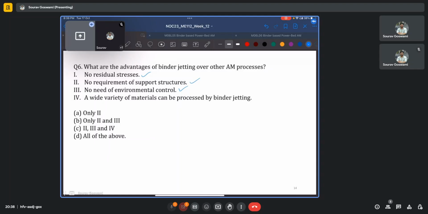And as we have definitely come across in the slides, a very large variety of materials, and typically all the engineering materials, such as polymers, metals, ceramics, and a combination of any of these, can be processed via binder jetting to produce functionally graded materials. Thus, all of the above, that is, all 1, 2, 3, and 4, are suitable.